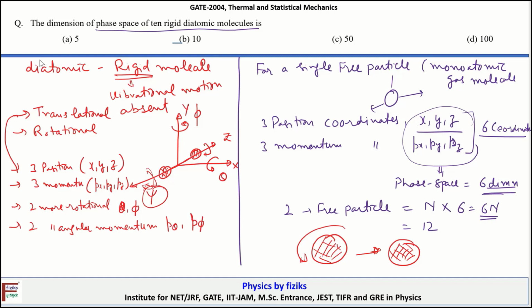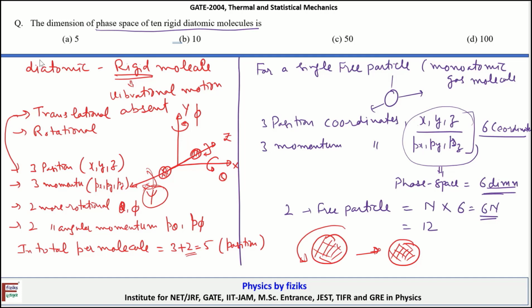In total per molecule we have 3 plus 2, that is 5 position coordinates: 3 for the description of translational motion and 2 for the rotational motion.